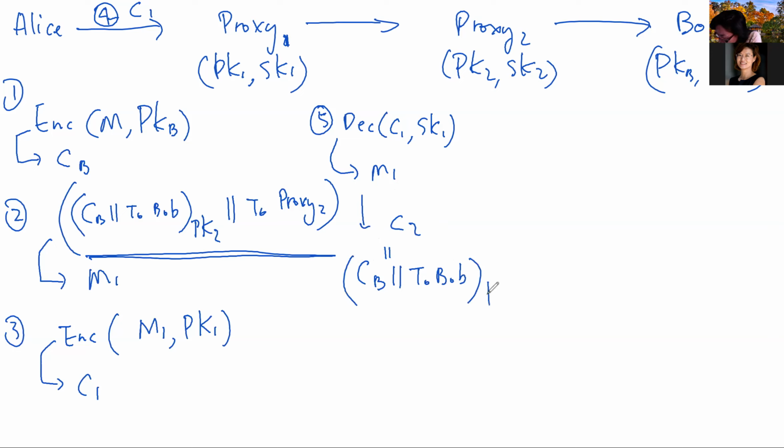So step 6 is get C2 to proxy 2. And this is the C2.